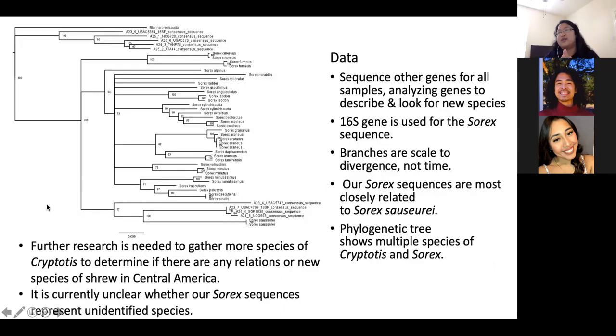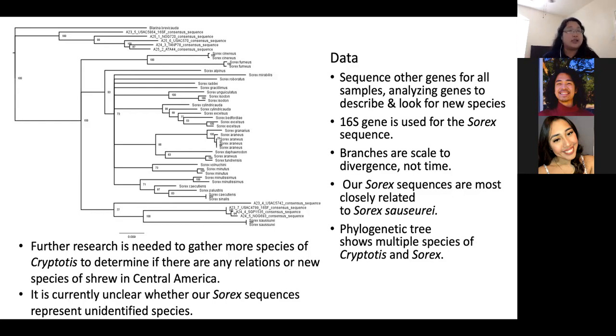Alrighty, there it is. This is a phylogeny based on the 16S gene for the Sorex sequence. At the very top is the Blarina brevicauda, which is taken from GenBank. It's a database where scientists can freely upload their DNA sequences, and those sequences are made available to the public.